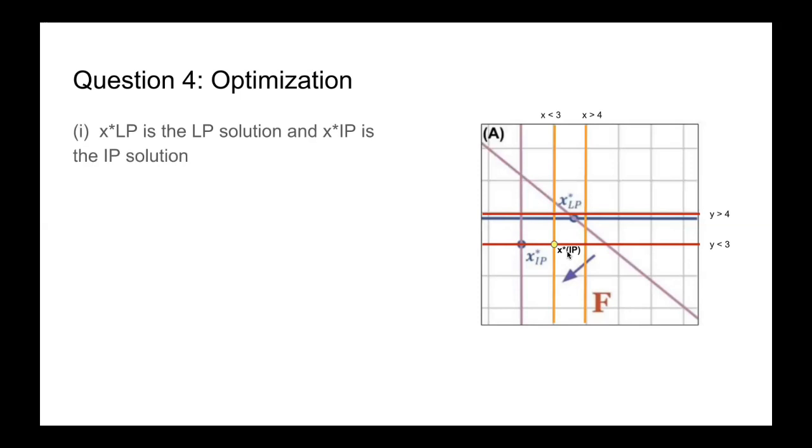This could potentially be a valid IP solution, but keep in mind that the IP solution given to us in the graph was at this point here, which definitely has a larger cost than the point we found by doing branch and bound, which means the point given by the graph would not be the optimal IP solution. Therefore, this example is invalid.